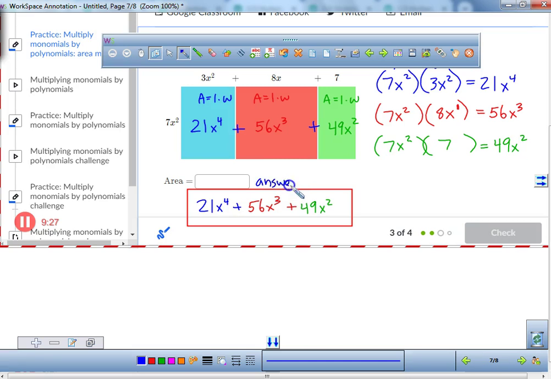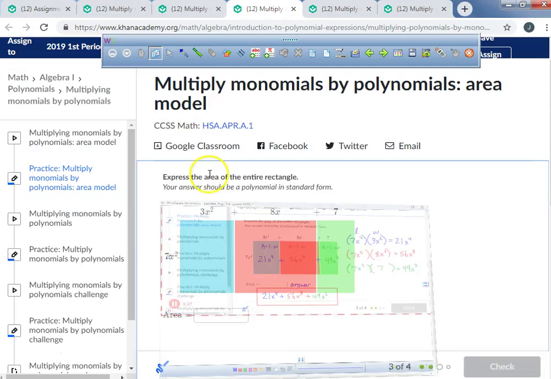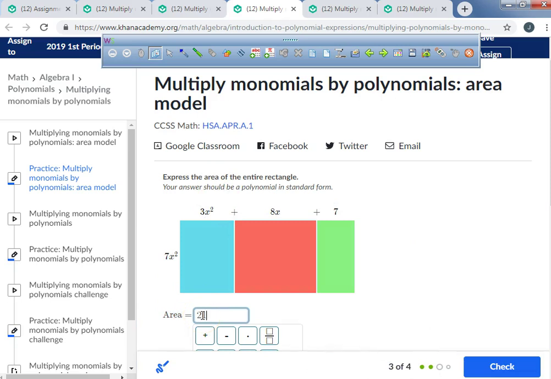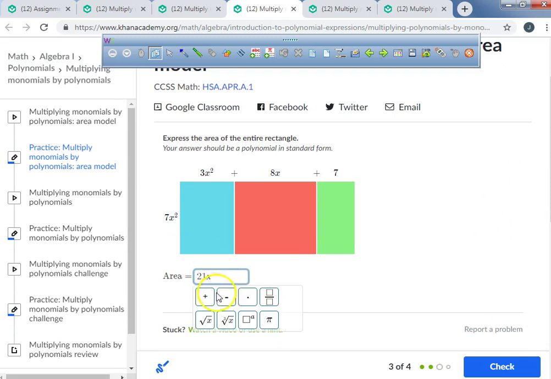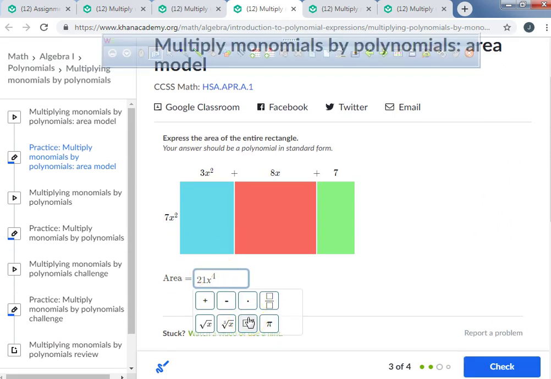On this one, I'll actually type it in so you guys know it's the right answer. So I'll go ahead and type it in. Okay, here we go. 21x to the power of 4.